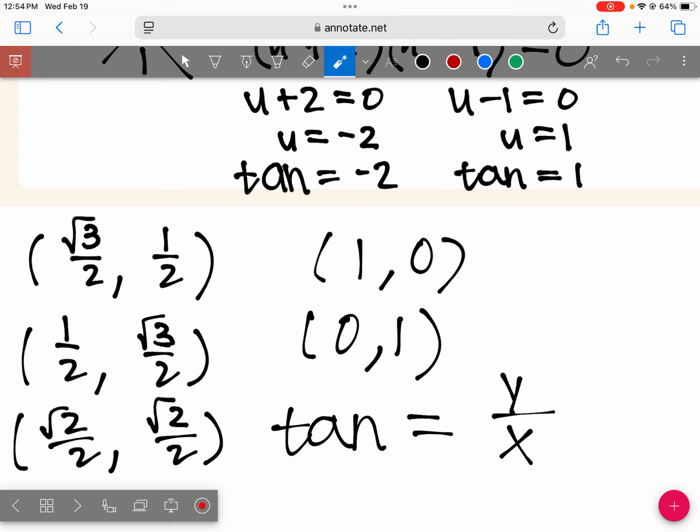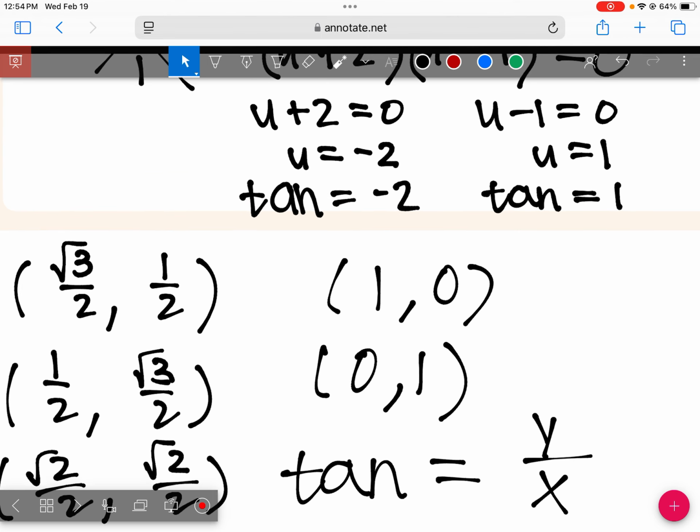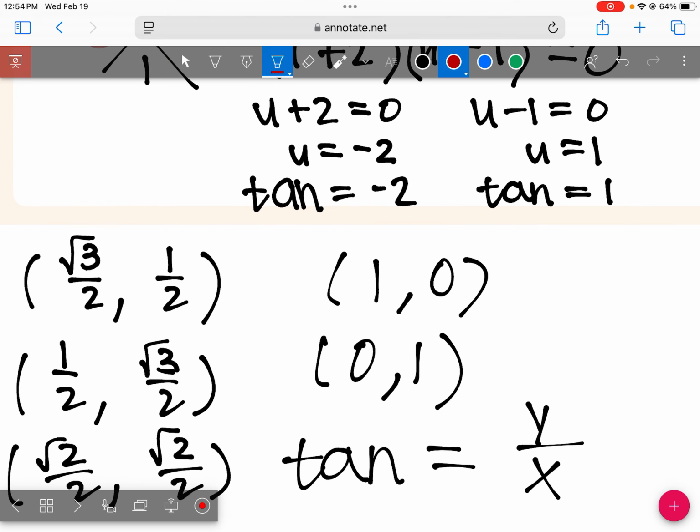If I took all of my y values and put them over the x values, is there any possible way I could get a -2 out of that? No. You would never get a 1, or you'd never get a -2 from tangent. You could get a -2 from secant or cosecant, but not from tangent.